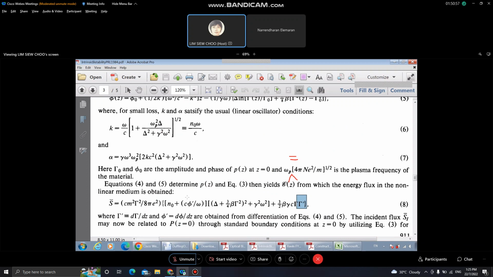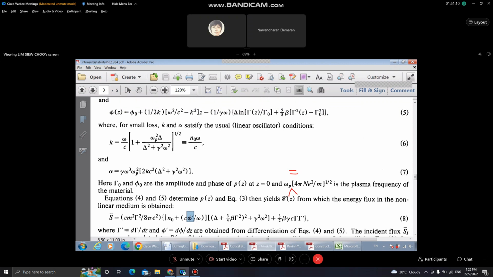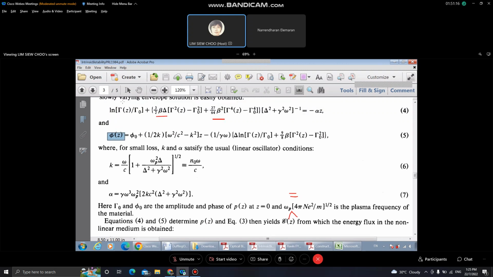Okay, so that's why I don't know whether 2 days is enough for you to reproduce a graph or not. Because when you need to reproduce a graph, you have to define your P from the phi and the lambda.